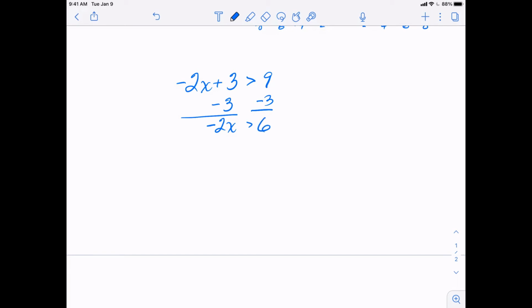And then when we divide by negative 2, so we'll take negative 2x divided by negative 2 and 6 divided by negative 2, we need to switch the inequality, and then we'll find that x is less than negative 3, and this would be the solution.